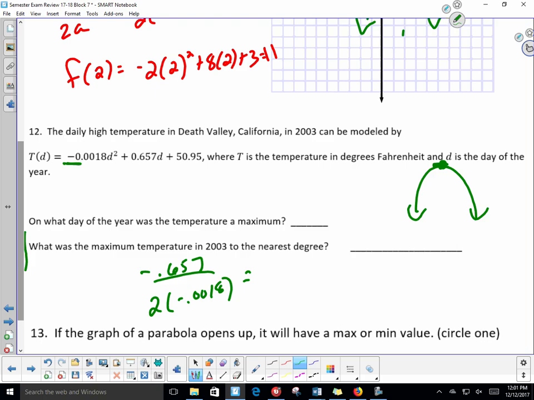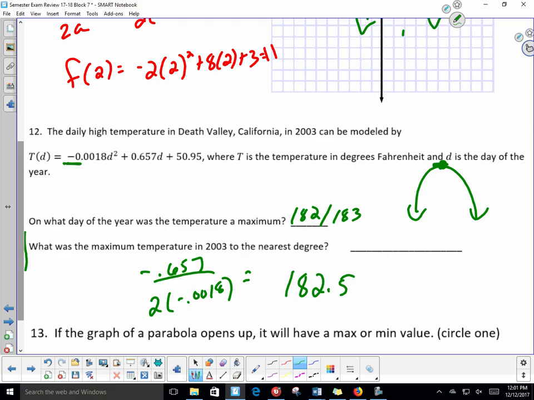You get 182.5. So what, that 182.5 is what? The days or the temperature? It's the day. So what day of the year was the maximum temperature? You can say either 182 or 183. Either one of those would be acceptable because it's halfway in between.